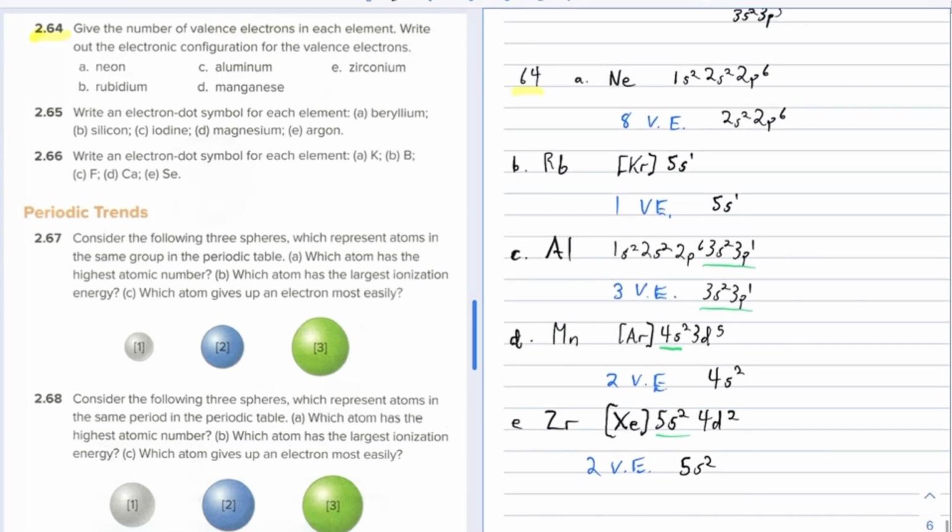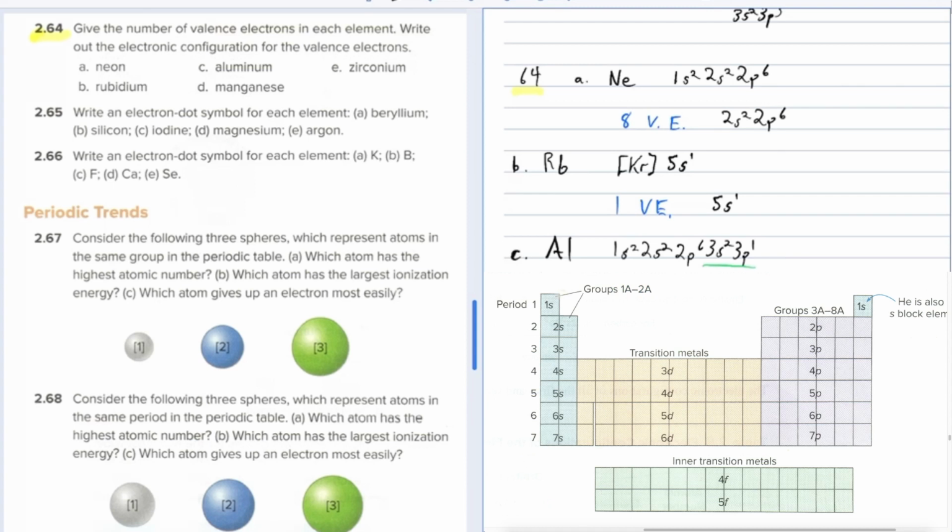Now I'll give you a little heads up. All of these elements in the D block have two valence electrons. No one really cares about the valence electrons of these guys. We only care about valence electrons for those guys and those guys. But you were asked, and that's how to do it.